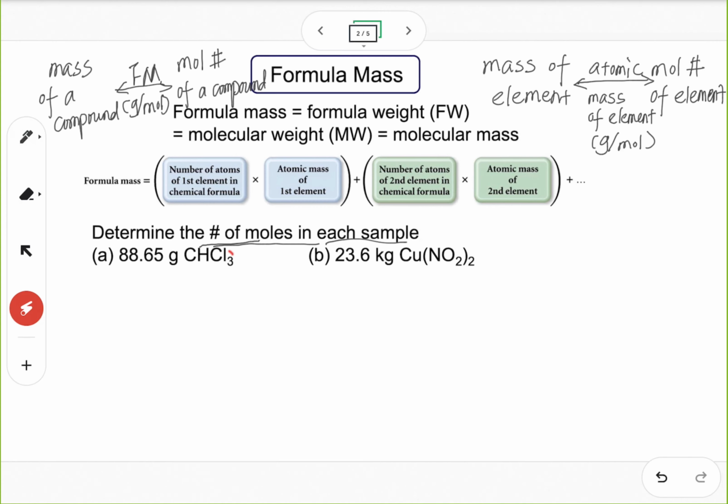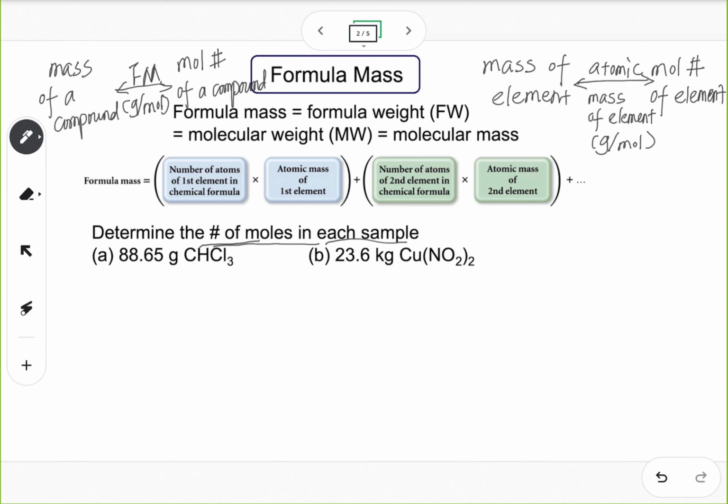The first compound is CHCl3. You have mass data available. We need to find out the mole number of the CHCl3 if we know the mass of CHCl3. First, in order to do the conversion, we need to find out the formula mass of CHCl3. So let's do that.